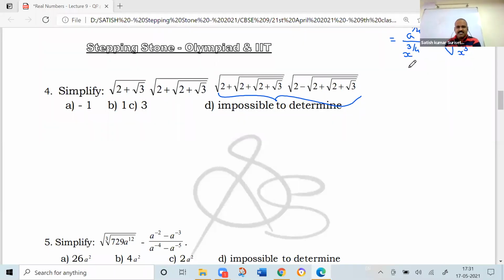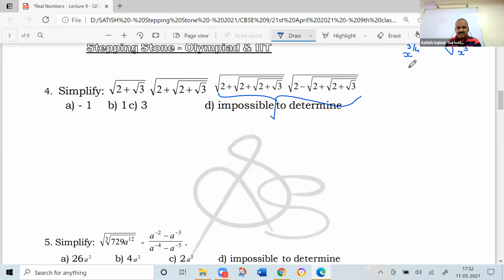If you observe, it is in the form of a plus b into a minus b. So this product will become square root of a square minus b square. So a square means 2 square, that is 4, minus b square, means the root will get eliminated.